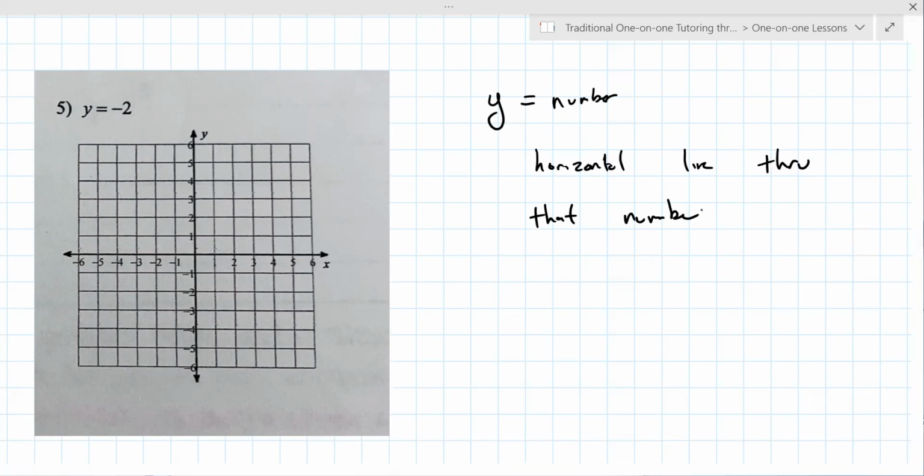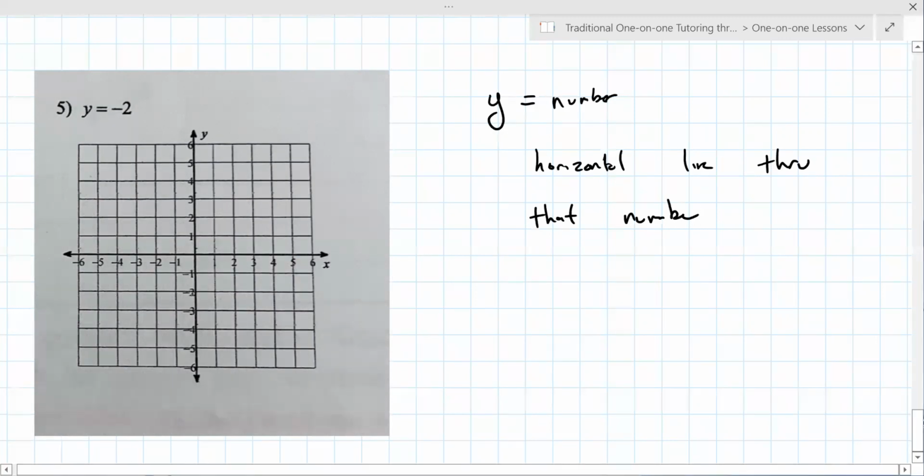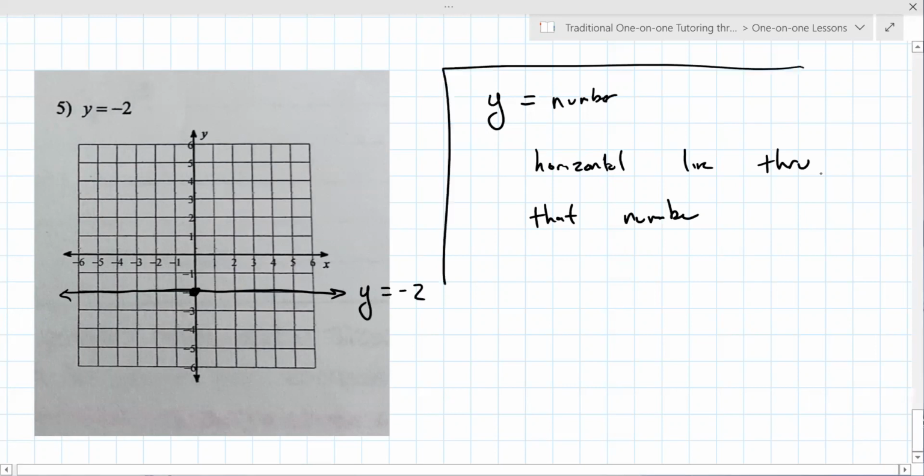So in this case, it goes through -2. There's -2. A horizontal line, you can think of the horizon. When you look out in front of you, that's the horizon. And that's your equation. So you have to remember this, because you'll probably get this one or the one I'm about to show you, and you want to be able to do both, and you don't want to mix them up.